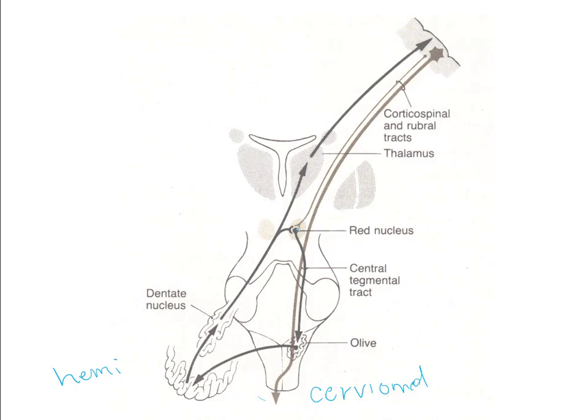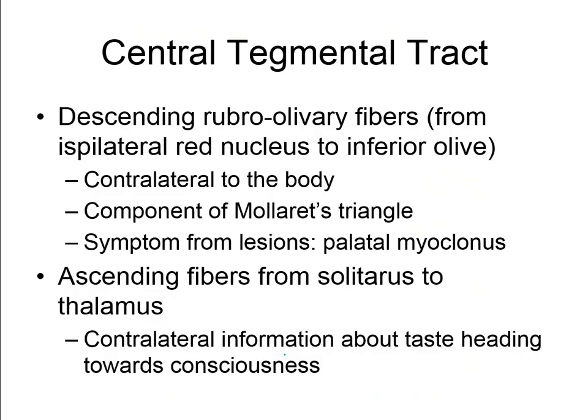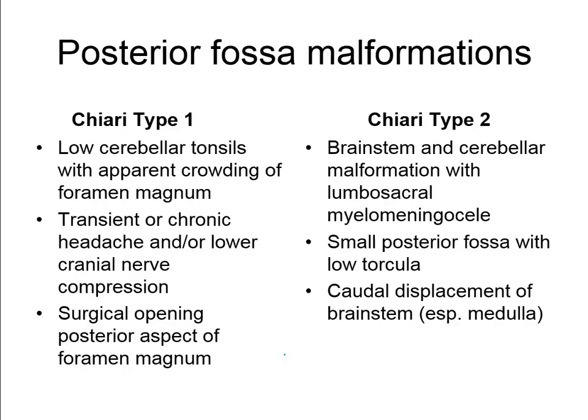But that contralateral red gives rise to the rubro-olivary fibers in the central tegmental. But what's not shown are the separate fibers that cross and descend like this, which are the rubrospinal. Okay? All right. And this triangle here of red, olive, cerebellum is what's known as Mollaret's triangle. All right, the central tegmental, I think I've beaten this to death.